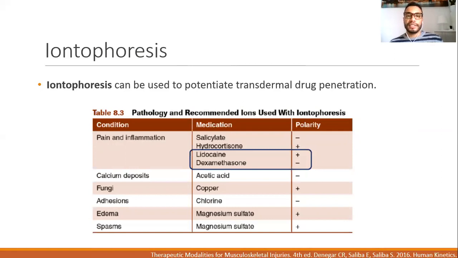So this current will repel the medication, and therefore it will potentiate the delivery to the skin. That's why we must know the polarity of the medication and also the polarity of the electrode that we want to apply to the patient. If we use different polarities, for example, with lidocaine, if I use a negative pole with the medication, which has a positive polarity, the medication will be attracted to the electrode.